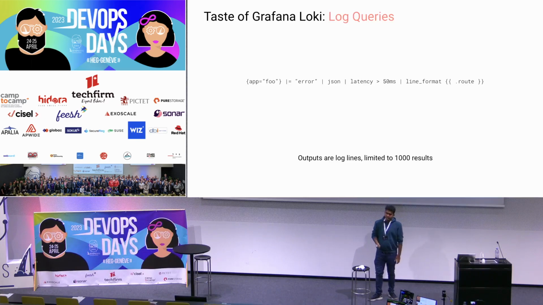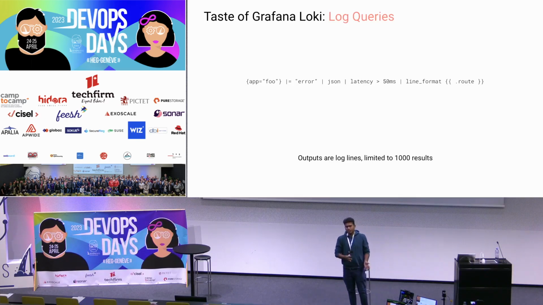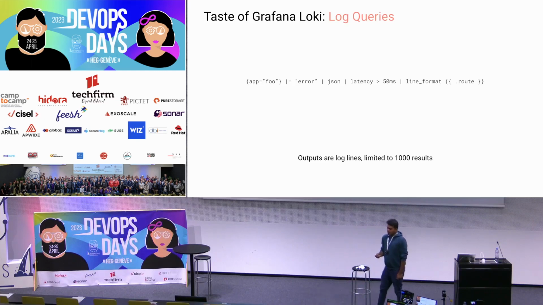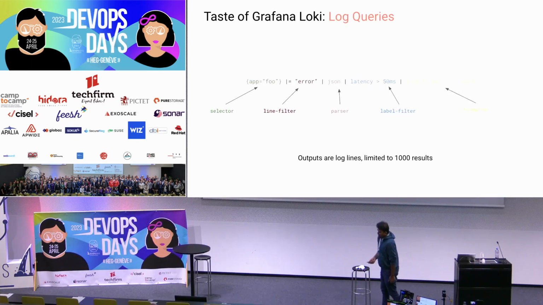To give you an idea, this is how it looks. Generally, LogQL can be one of two types. It can be log queries, which look something like this. Let's decode it one by one, right? When we talk about LogQL, the important thing here is the selector, which is kind of like the labels idea. If you're familiar with Prometheus, you're probably more comfortable with this one.